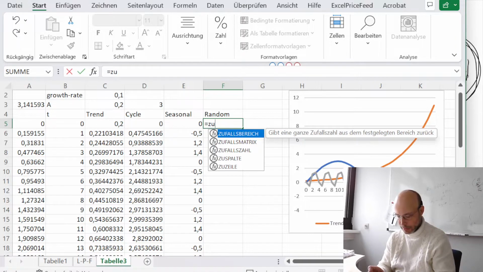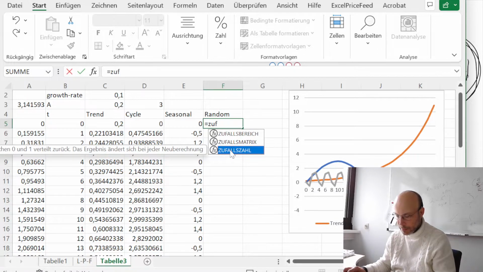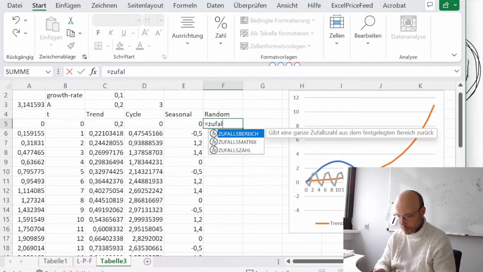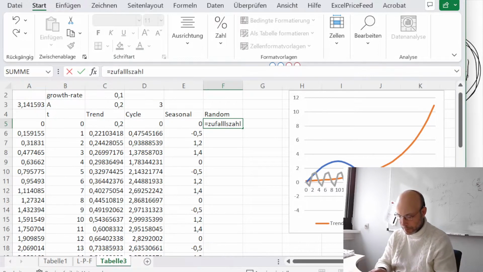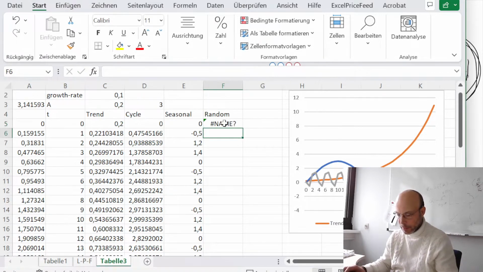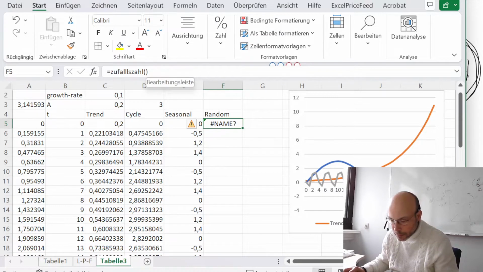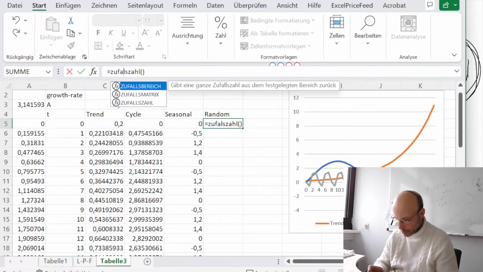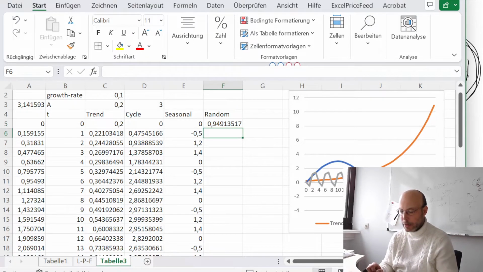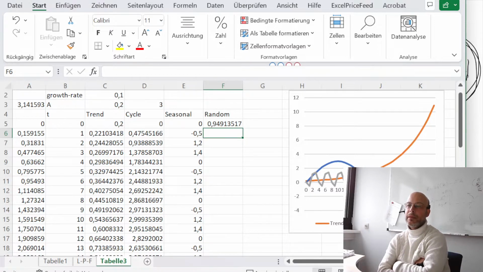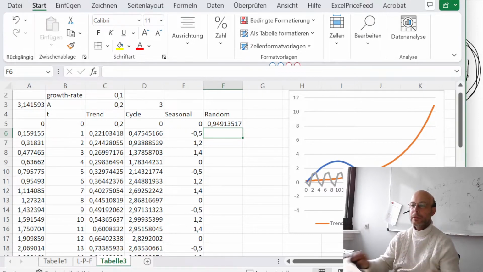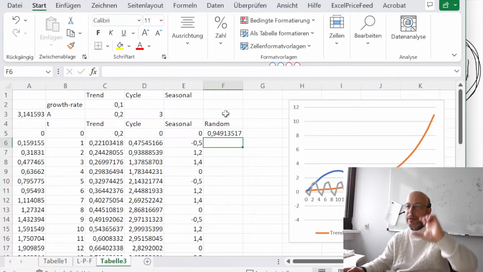In German this means Zufallszahl. There we have it. And now you see that this function just gives you a random number between 0 and 1.